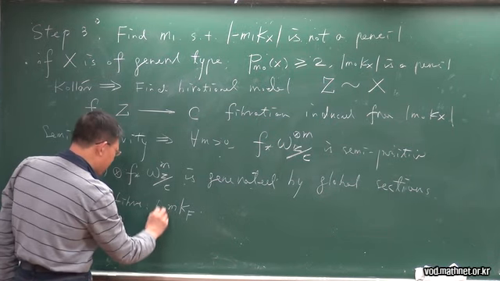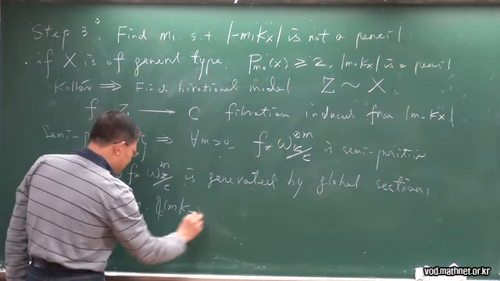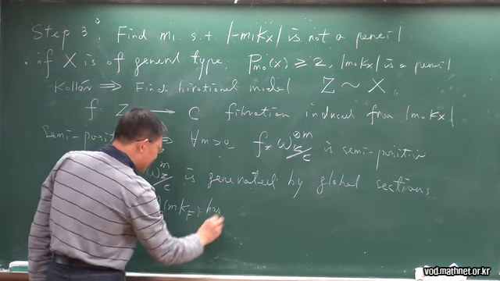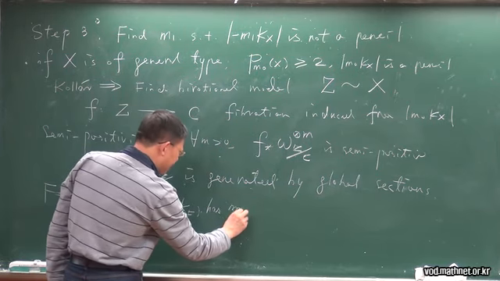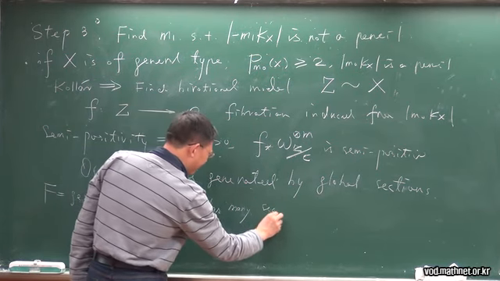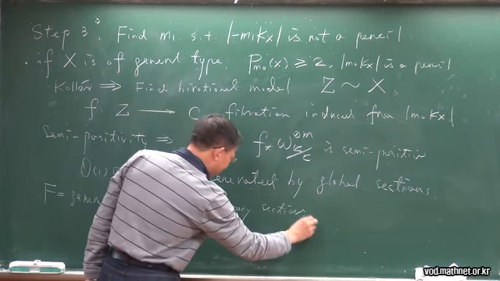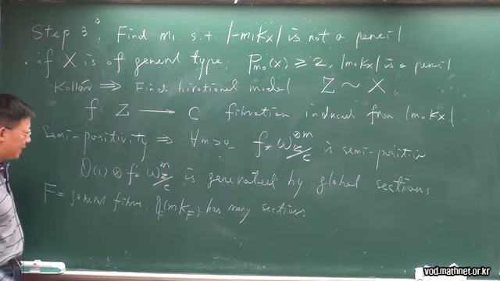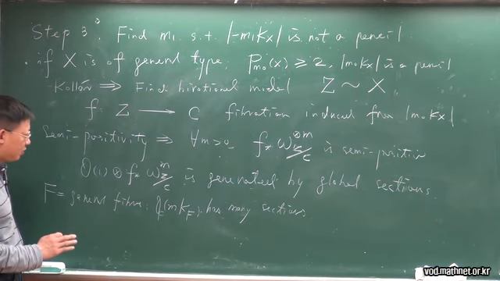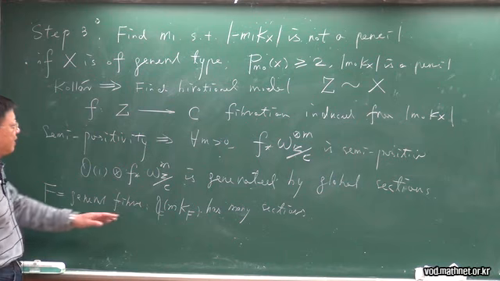This sheaf, say O_F, has many sections, at least two independent sections.